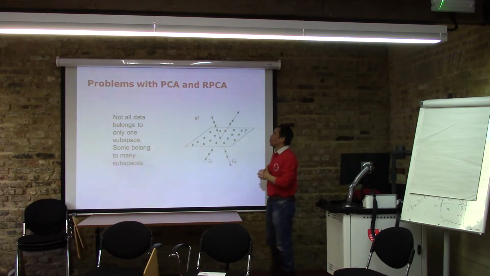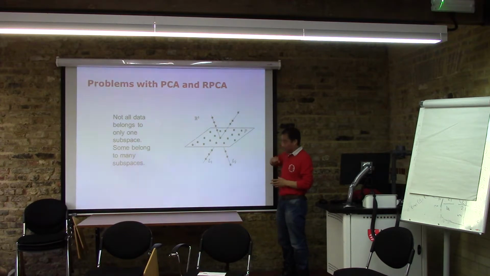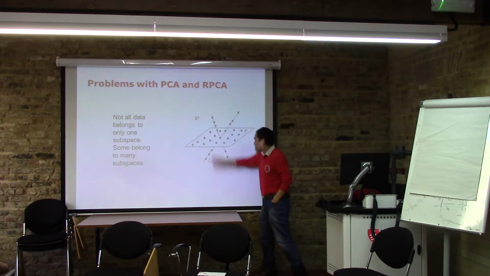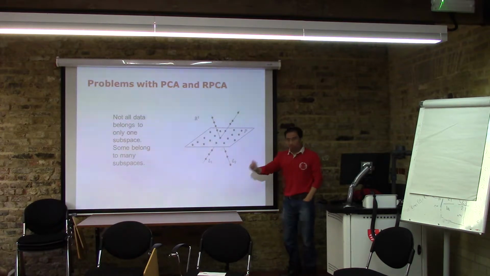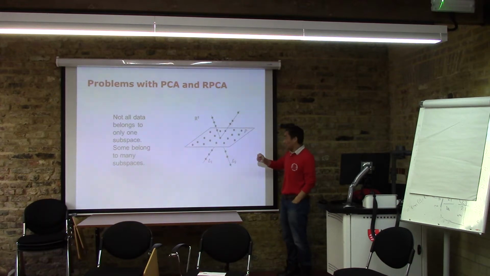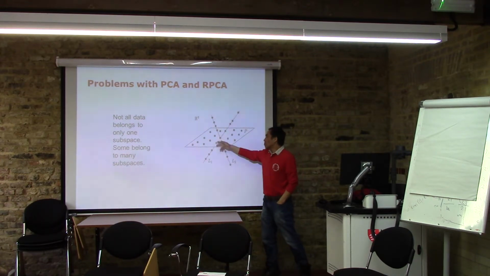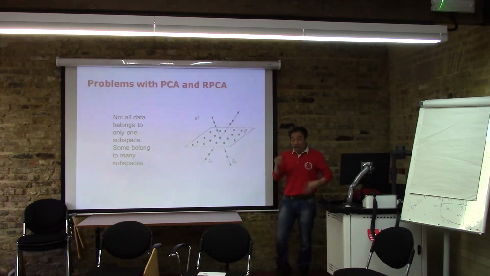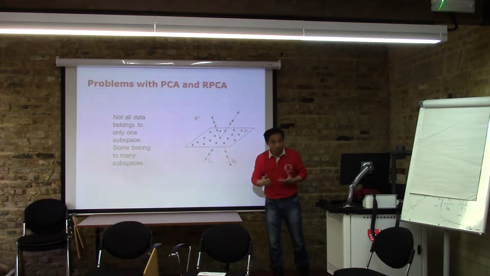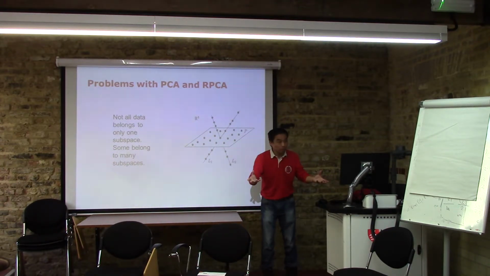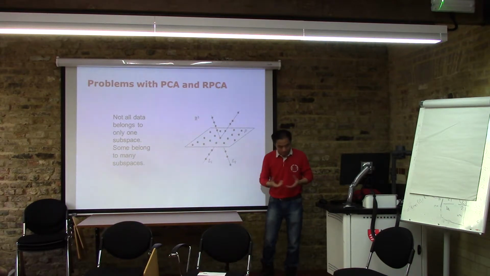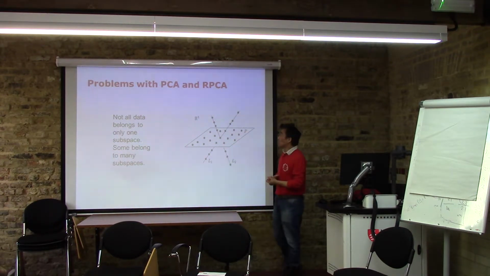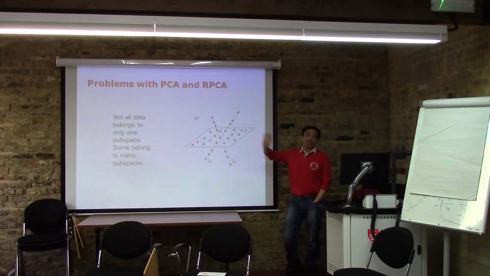There are also problems with both PCA and RPCA, because this is a subspace. For some particular data, they may exist in multiple spaces. For example, apple is a keyword for fruit, but it can also be electronics. In this case, they can find a way to treat this as two classes.